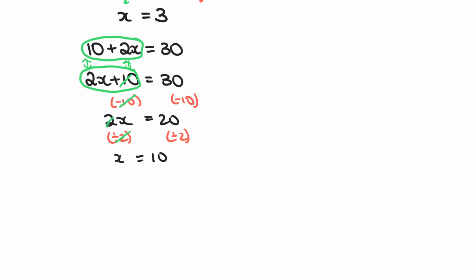Now the second one is a little bit different because we introduce a subtraction. 20 minus 3x is equal to 11. Now, as I said before, you can swap things around to make it look like we're used to, but the difference here is that we are subtracting a 3x.